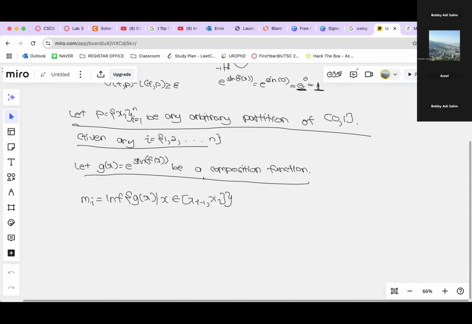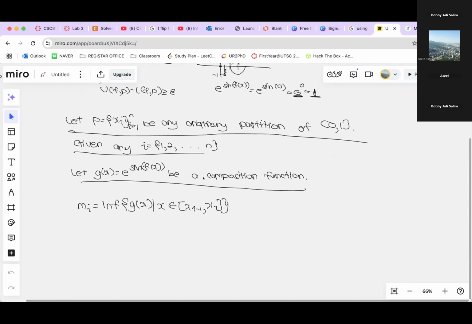Okay, that's good. So I place in here MI is equal to infimum of g of x, such that x is an element of x_{i-1}, x_i. And it's important to follow with a statement: by definition, for i equals 1, 2, up to n.